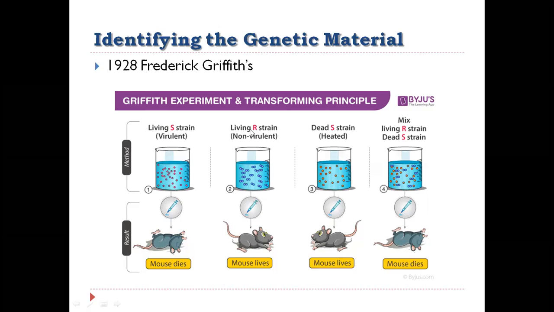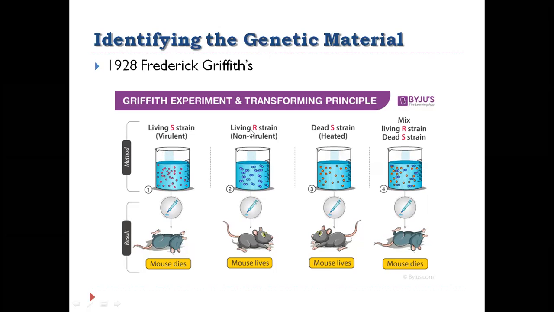So the characteristics of the S strain: it was virulent, and it produced smooth colonies, and produced a polysaccharide capsule that makes this bacteria virulent. And then we have the living R strain. The colonies were rough, non-virulent, and it didn't have this capsule of carbohydrate.